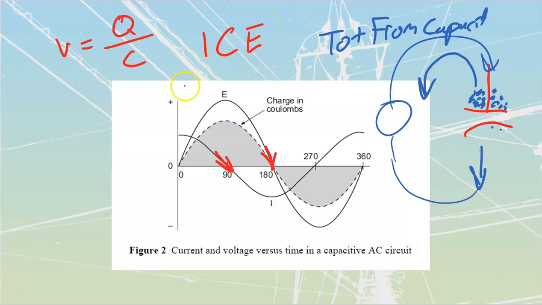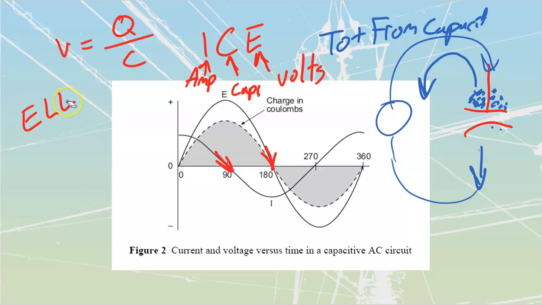Current, my amps. We use an I to represent that. C represents capacitance. E represents my volts that I'm going to have over here. So when we're looking at inductance and capacitance, we see that they're going to be opposite, right? Remember what we said for inductance? We said ELI, right?